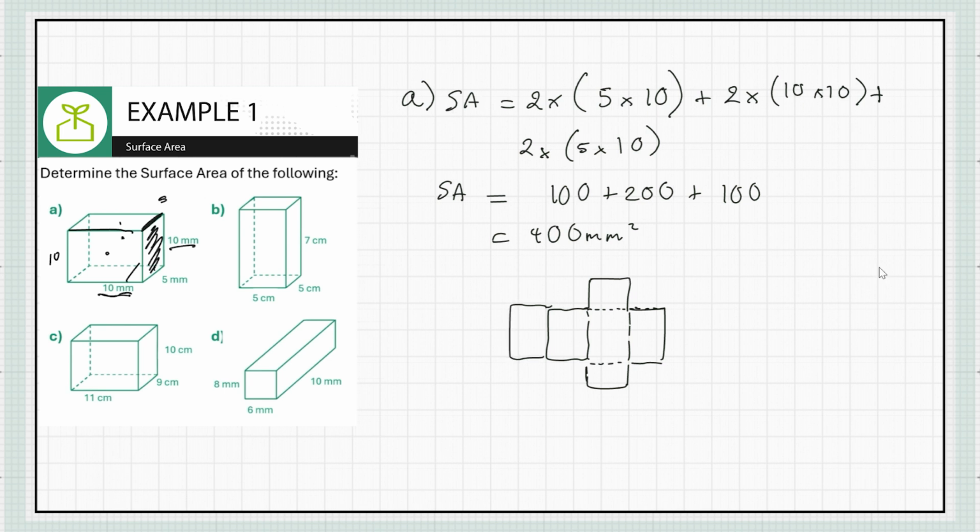So these are the 6 faces. It's important to remember again that these pairs are going to be the same. This is both those end faces. Both the top and the bottom are going to be this, and each side is going to be here. So when we fold this all up like a box, that's what we're essentially doubling, because each one of these pairs is going to be the same area.